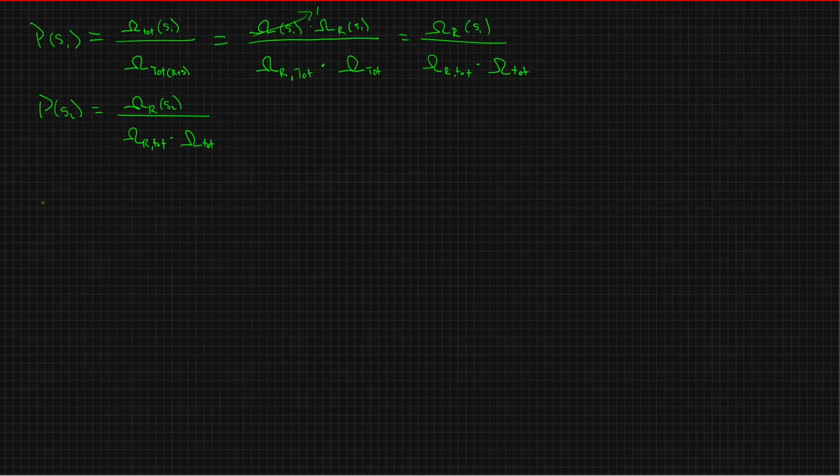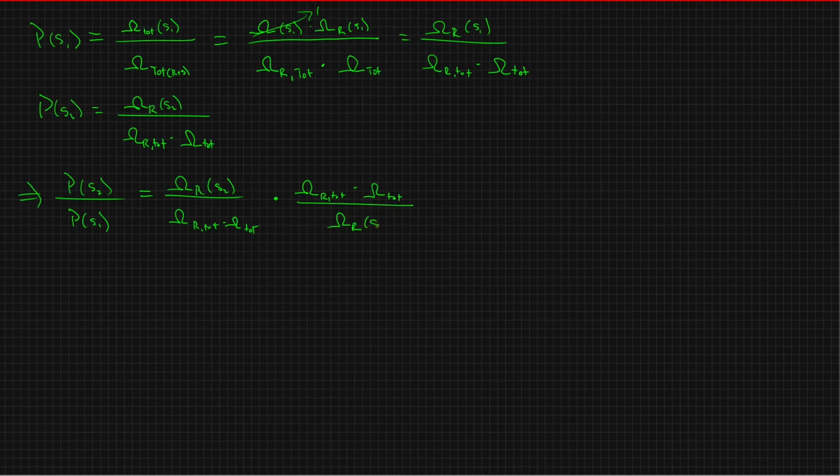And now something we could do is take the ratio of these two probabilities. So let's take the ratio of S2 to S1. In that case, we would have this over omega R total times omega total be times omega R total times omega total all over omega R of S1.